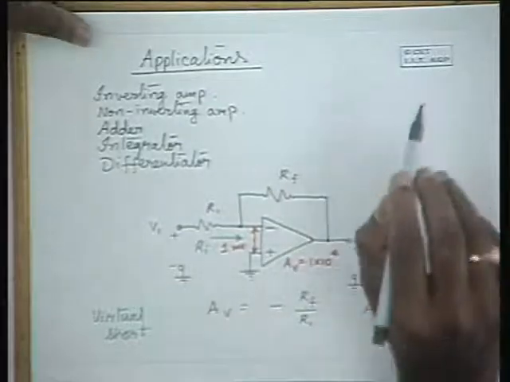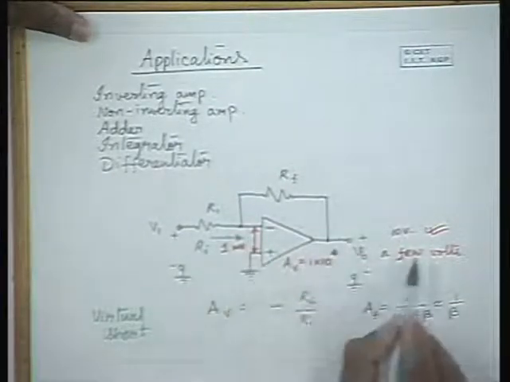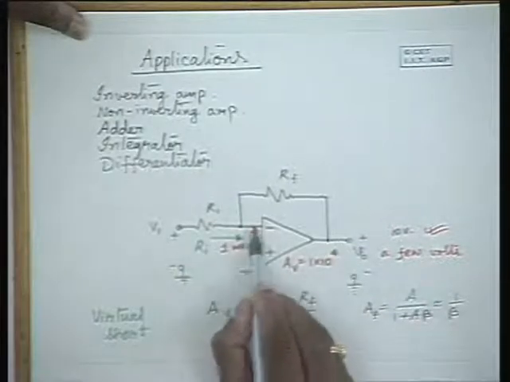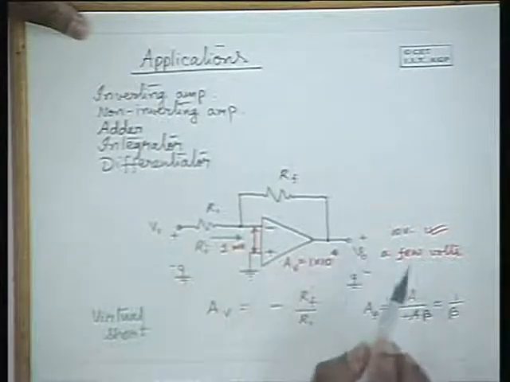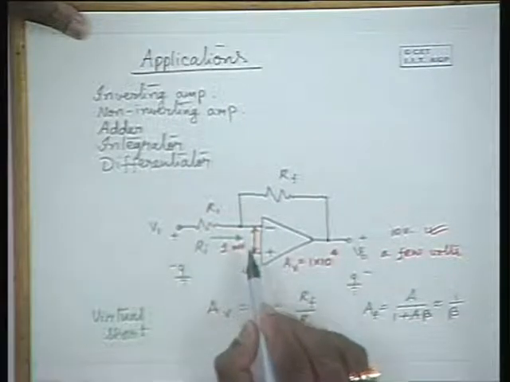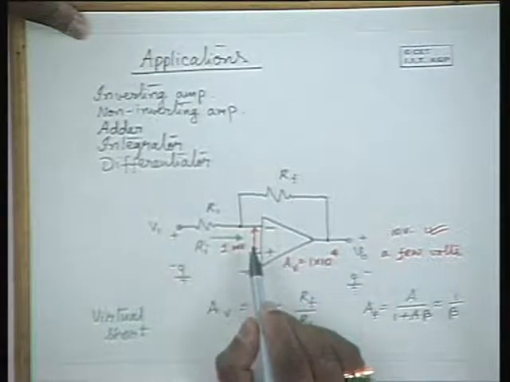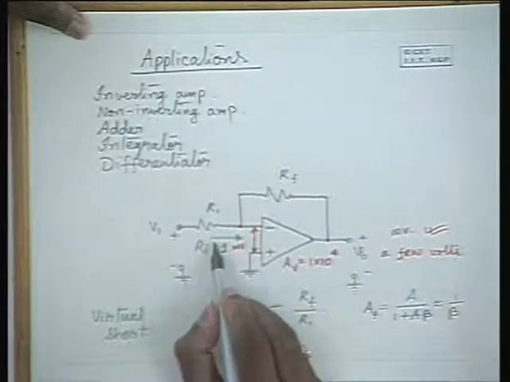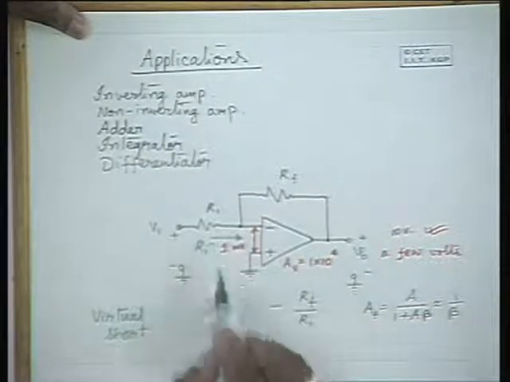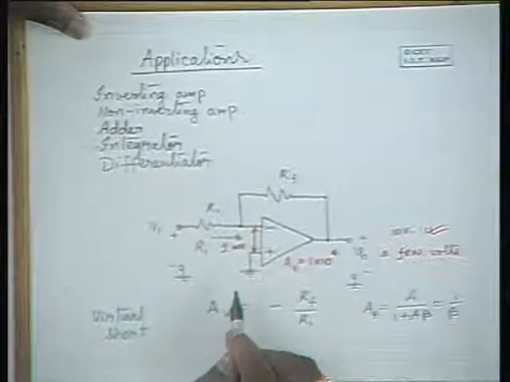I repeat, this is a virtual ground because for a reasonable and undistorted output voltage, the input voltage is only of the order of millivolts. But the impedance between these two terminals is very high. Hence, it is not a true ground or true short, it is a virtual short.